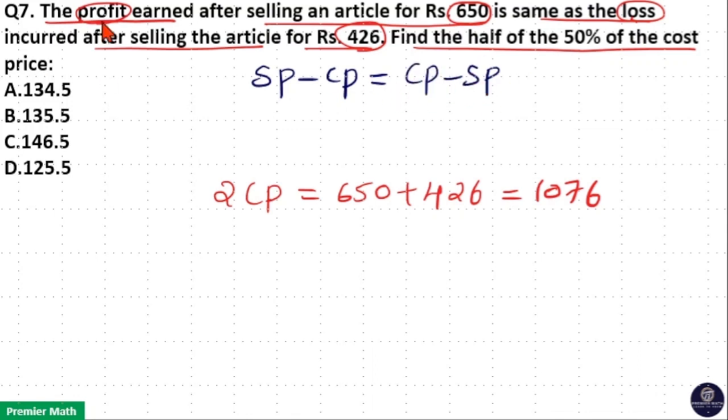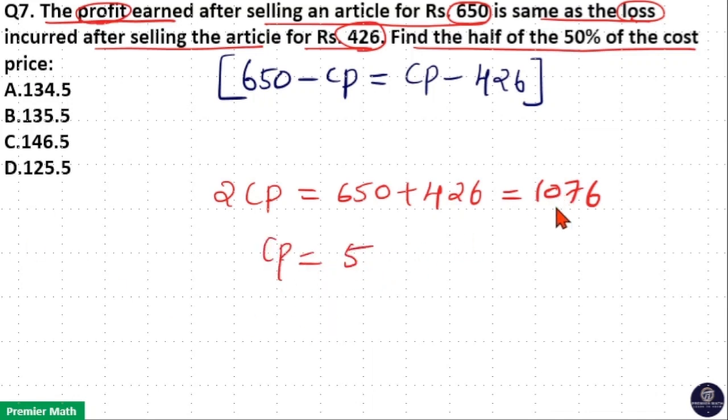In the first case, selling price is 650. In the second case, selling price is 426. So double of CP is equal to 650 plus 426. Now CP is equal to half of 1076, which is 538.